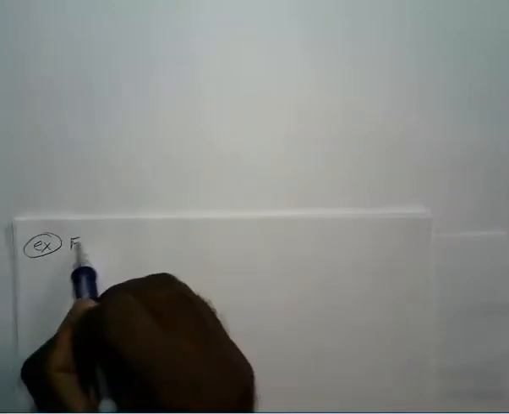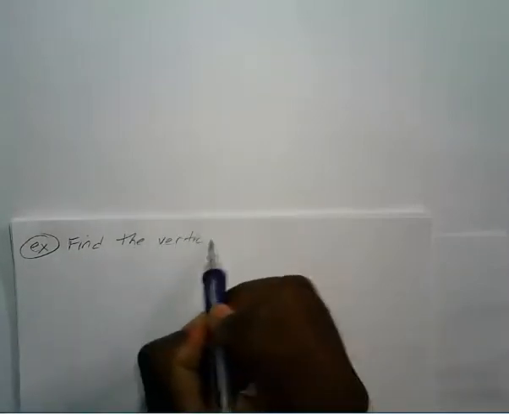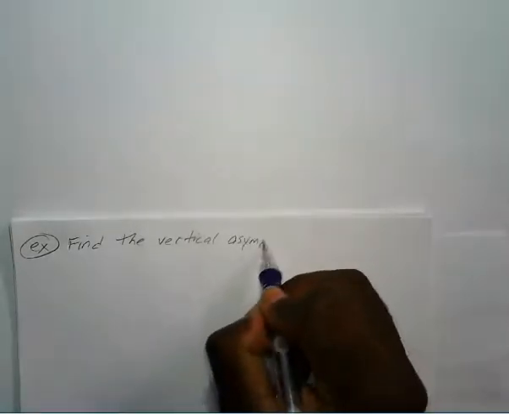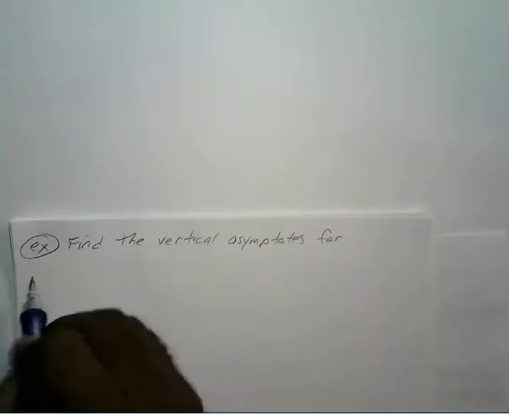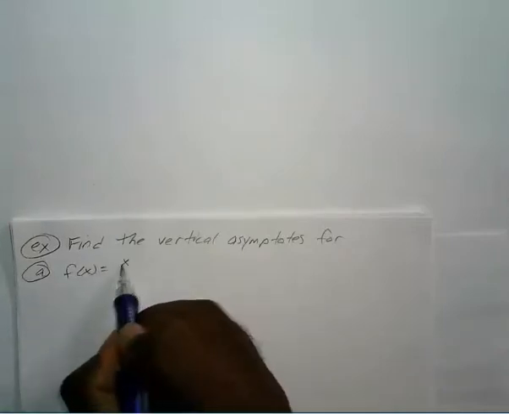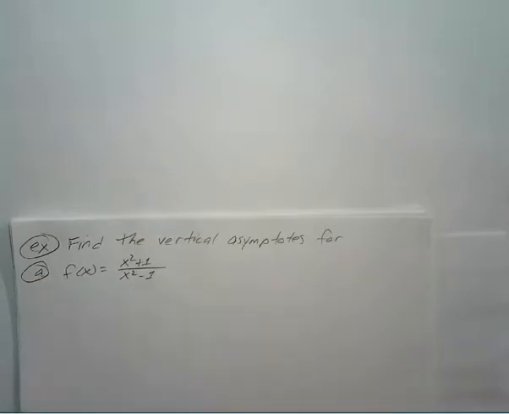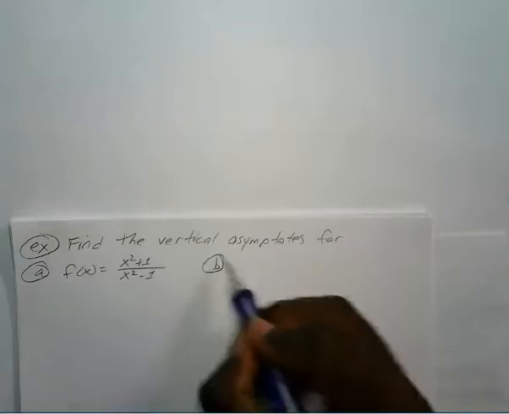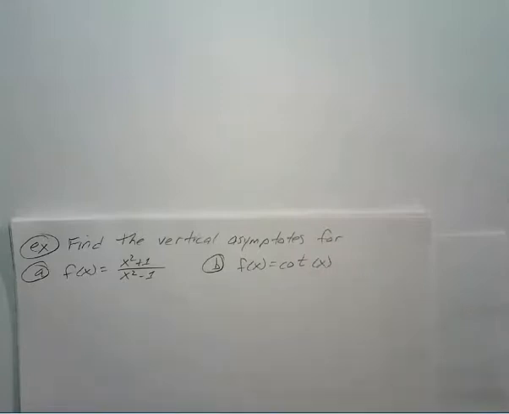Let's say, for example, we want to find the vertical asymptotes for problem A, f of x equals x squared plus 1 over x squared minus 1, and for problem B, f of x equals cotangent of x.